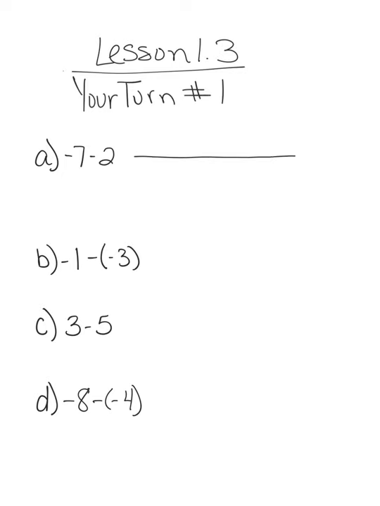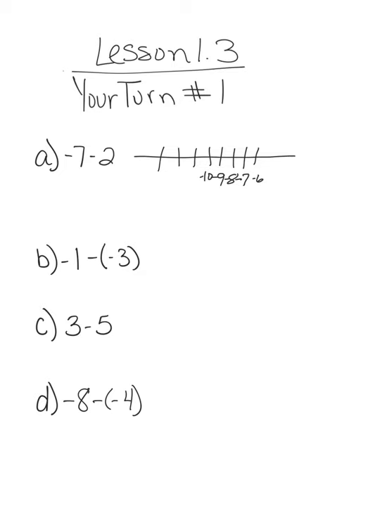So here's my number line. My first number tells me I'm going to start at -7. So I'm going to make my number line where this is -7, -8, -9, -10. We'll make that -6.